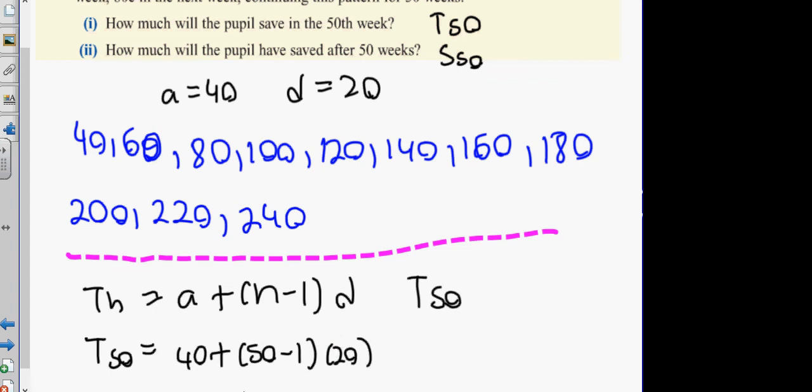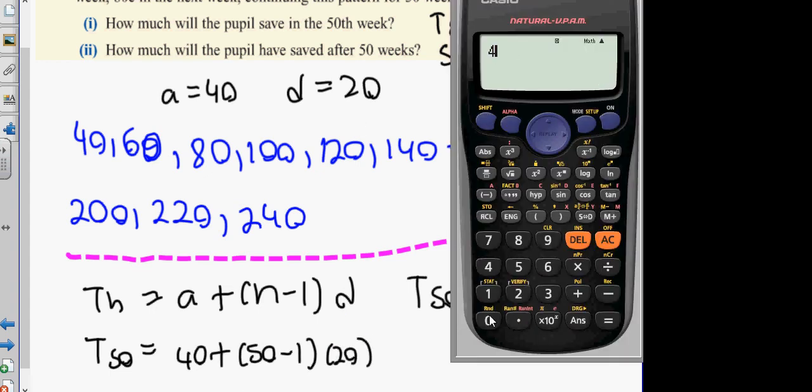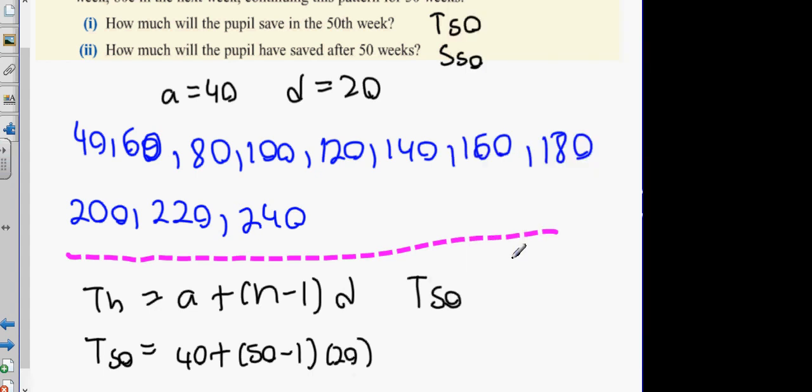All we have to do is put that straight into the calculator. Don't use more effort than you have to. 1,020 cents, which is 10 euro 20 cents, is how much they saved that week.